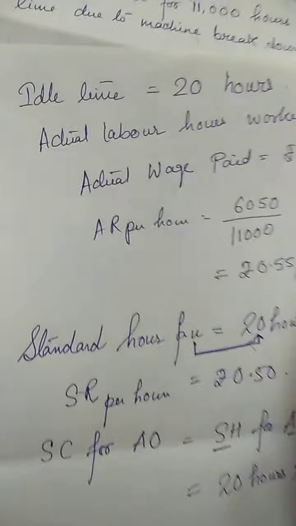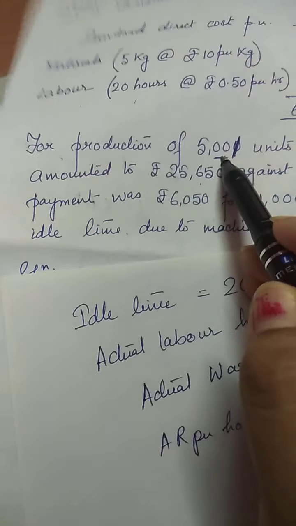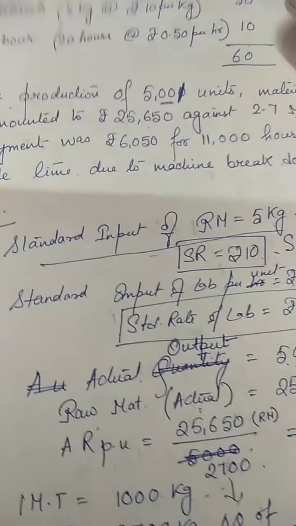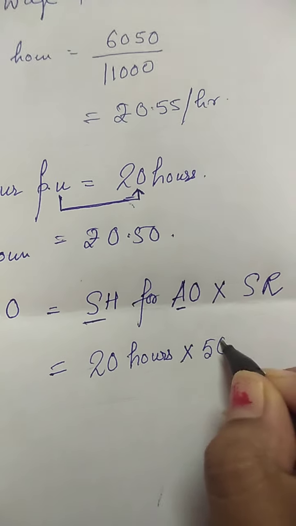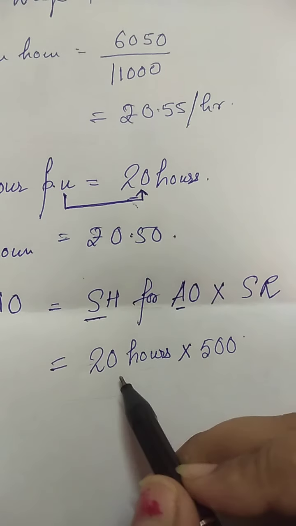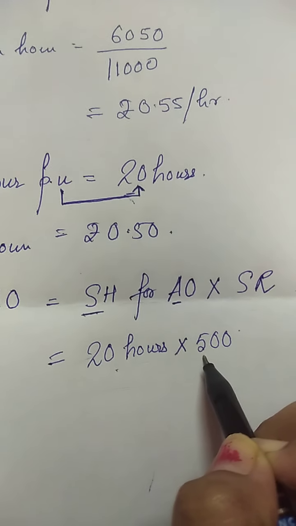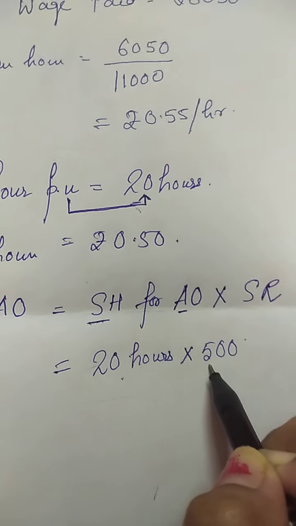Now, what is my actual output over here? Production of 500 units. So, my actual output is 500 units. So, standard hour for actual output will be how much? 20 hours into 500 units. This is my standard hours for actual output. I know the actual output, 500 units, but I do not know the actual hours.